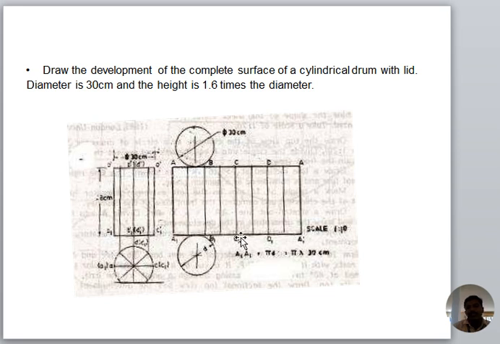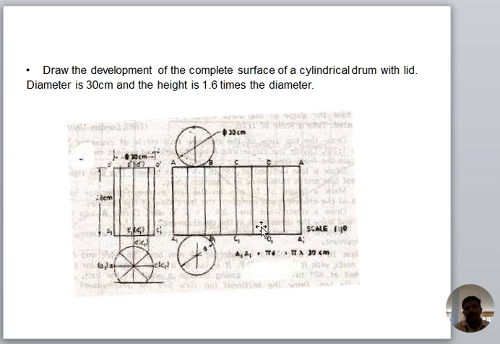The overall length of this rectangle, the plane shape, is pi D, 3.14 into 30. Pi D is the circumference of the circle, so the lateral surface length is 94.2.